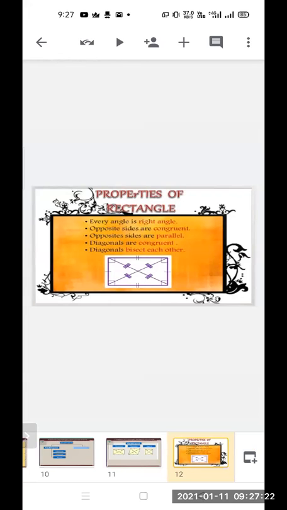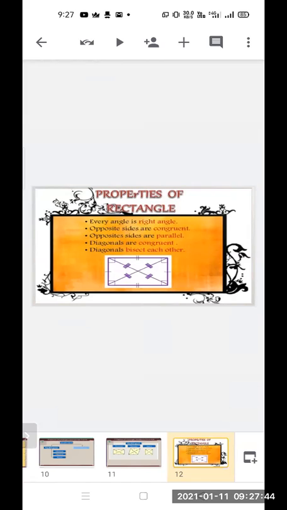Let us discuss. Here, opposite sides of a rectangle are congruent. Also, all angles of a rectangle are congruent. Also, we can say that diagonals of a rectangle are congruent and they bisect each other. So here every angle is a right angle.